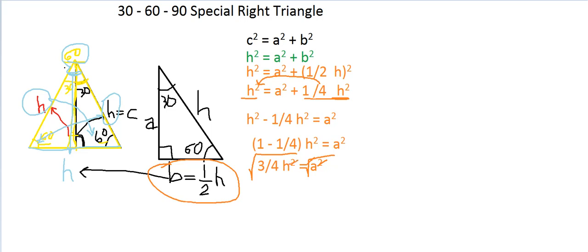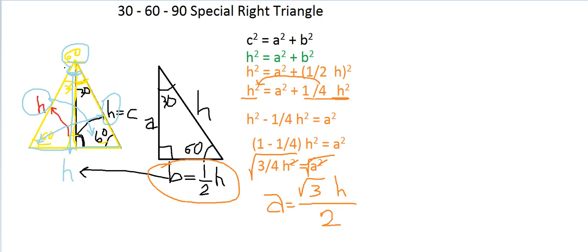So we will have now A is equal to the square root of 3 times H all over 2, because the square root of 4 is 2.